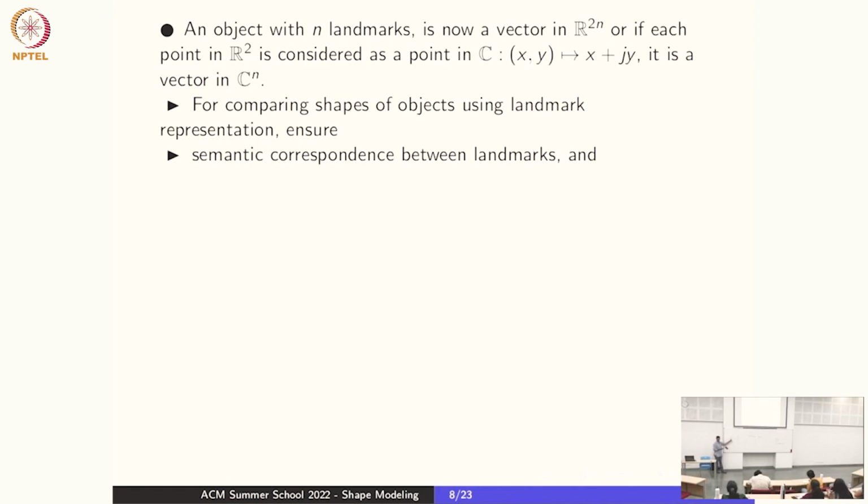For example, if this is the tip of the right wing, this second point here should also be the tip of the right wing. Okay, and second point is, as we discussed, all the objects must have the same number of landmarks. That is purely a mathematical restriction.